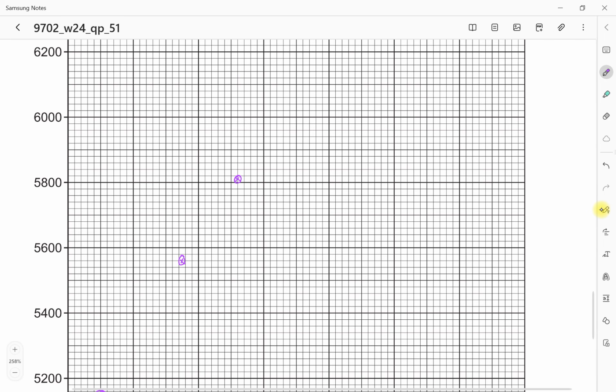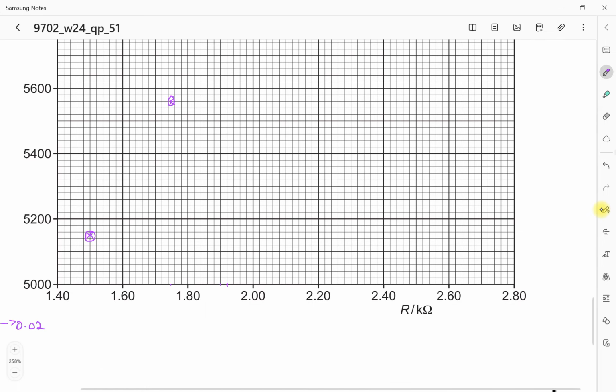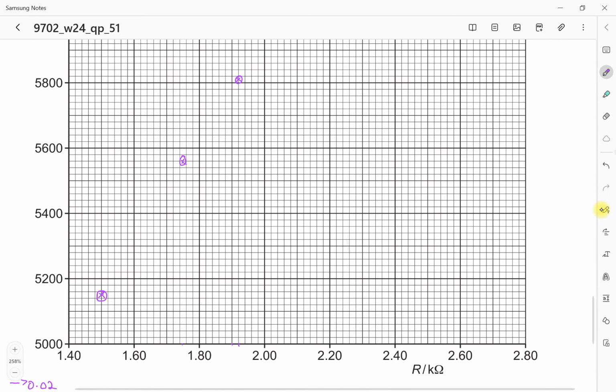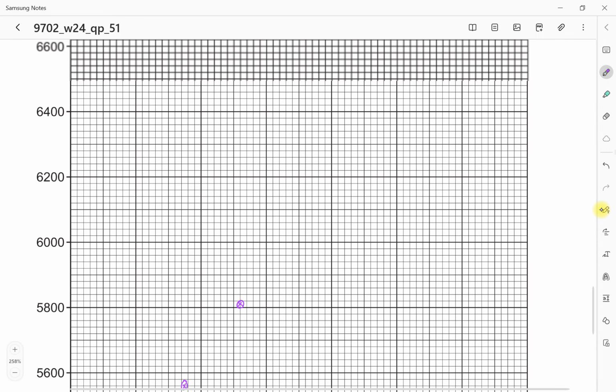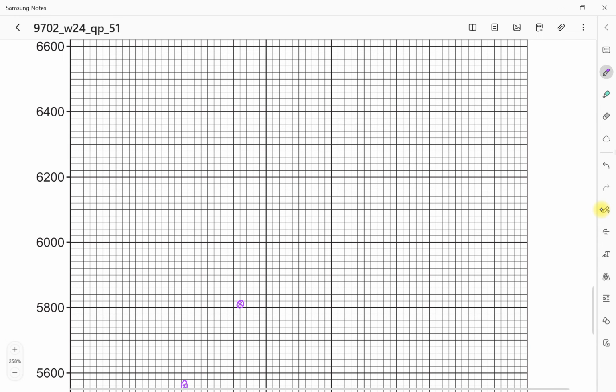Then the next one is 2.22. 2.22 is one box added. 2.22 is against 6250. I think the nearest is 6200.